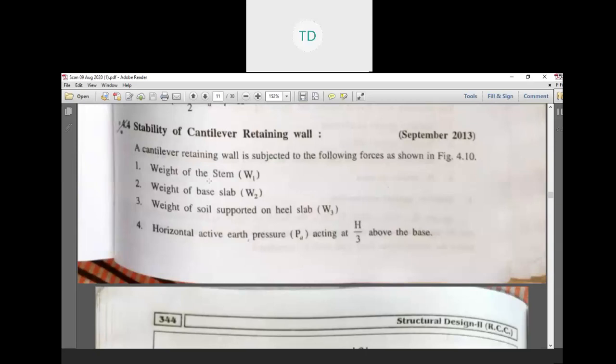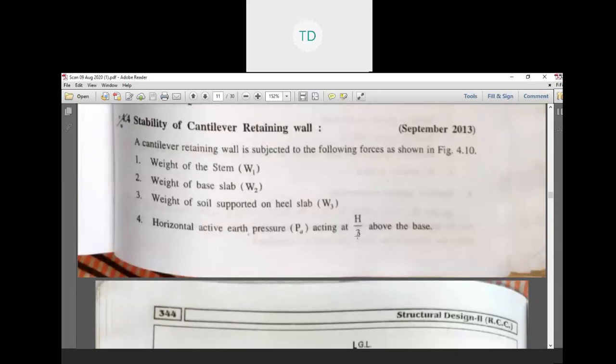Now, the point is stability of cantilever retaining wall: weight of the stem, weight of base slab, weight of soil supported on heel slab, horizontal active pressure acting at h/3 above the base.